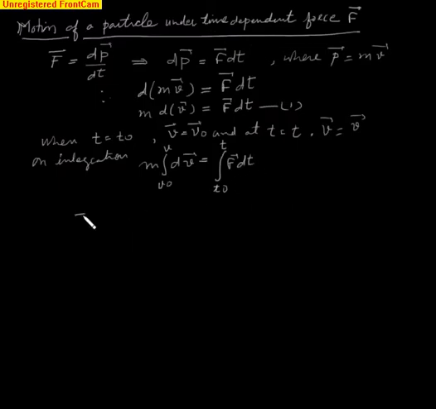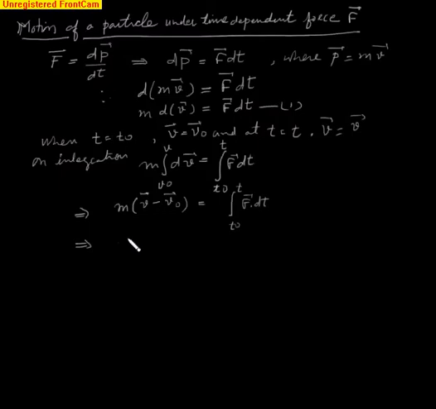On solving the integration, the left hand side gives me m into v minus v naught, upper limit minus lower limit, is equal to the same integration of F dt from t naught to t. Now we cannot integrate because I do not know the nature of this force, so I will keep this equation as it is.